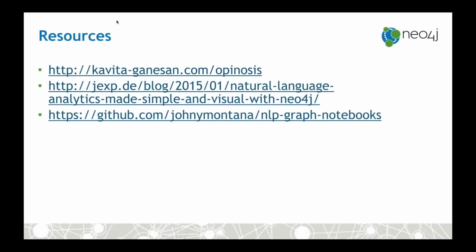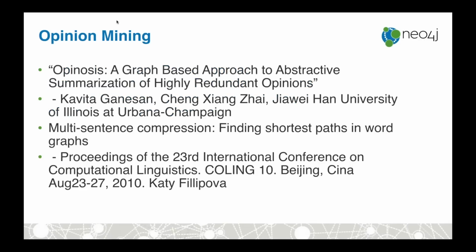There are also a few articles and blogs specific to some of the things we talked about today, as well as some of the papers that I made reference to.